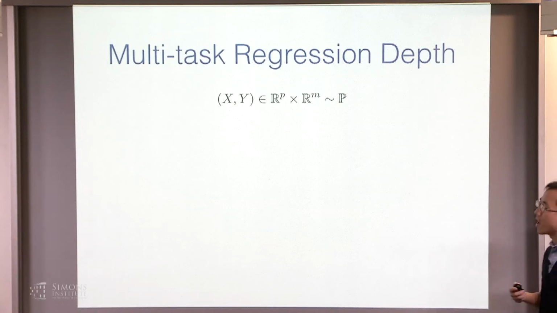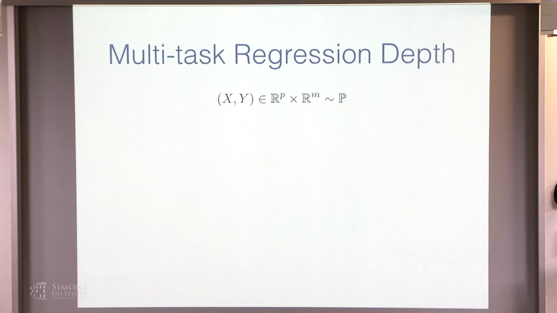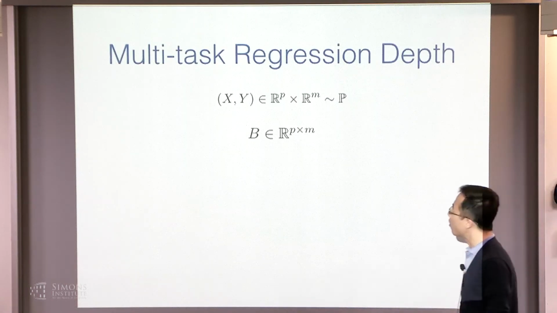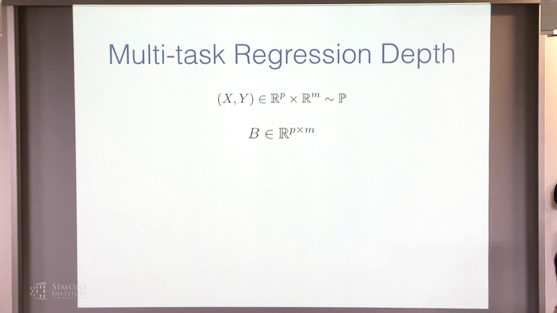So this is like you have m independent regression problems that you try to solve together. Okay? And the goal is to learn the regression coefficients that can be organized into a p by m dimensional matrix.